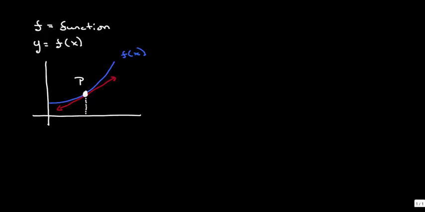So the point P is on this red line. The red line runs just like this, and you can think about it as touching the curve in this vicinity just once. Okay, so right around this little area, this red line touches this blue curve at P.